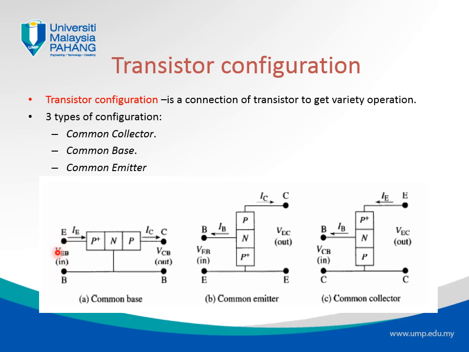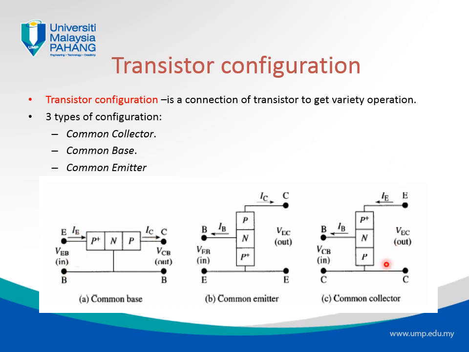So we put the input between the base and emitter, and the output is measured between the base and the collector, right? So this is the second type of configuration that sometimes we use as well. In this case, you can refer to the previous slide, we have the gain, which is now called alpha, equals IE over IB. Right? It's IE over IB.